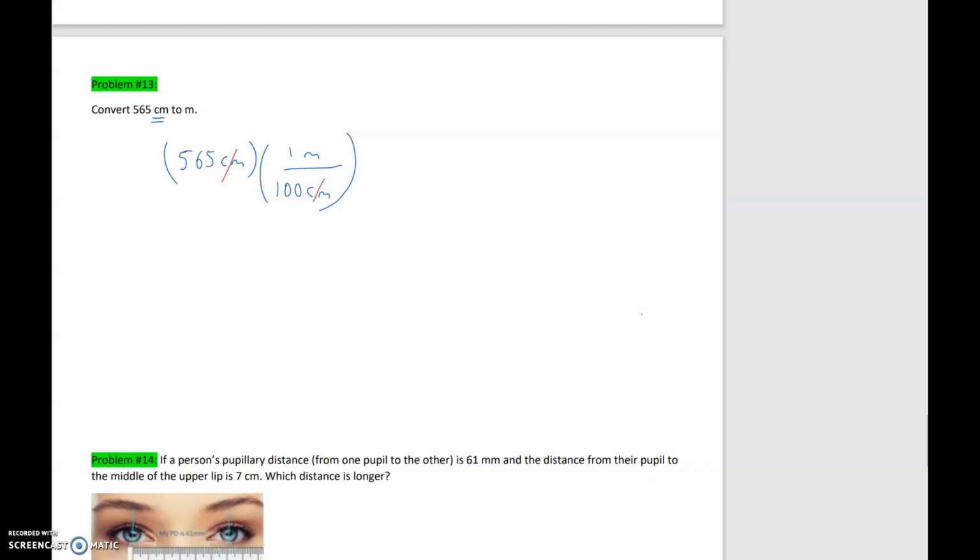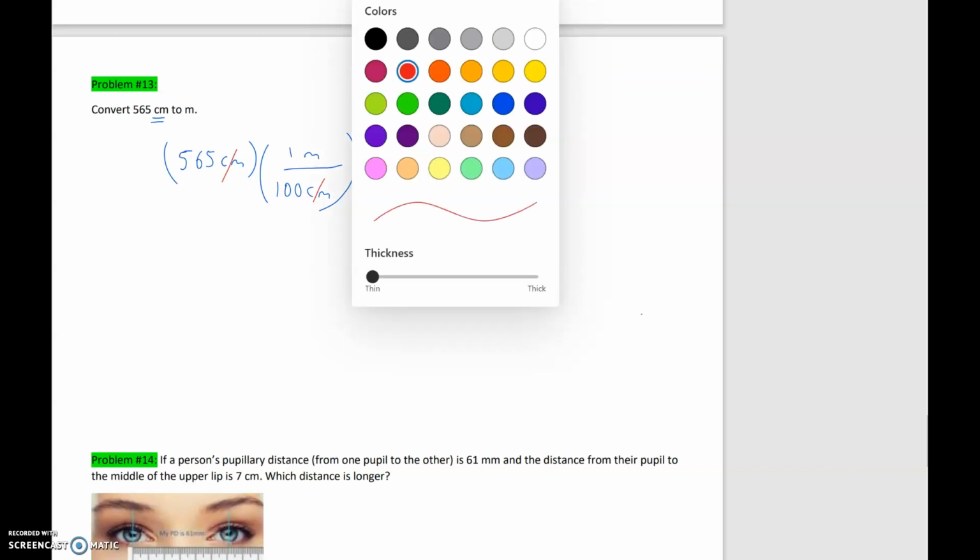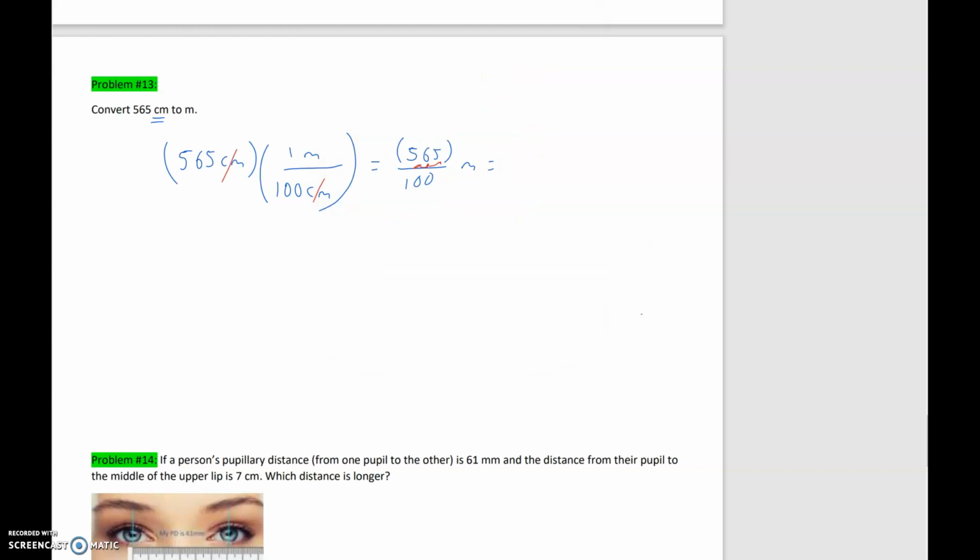In this case, centimeters cancel, and we're left with 565 divided by 100. And this will be meters. What this is going to do is just move the decimal place a total of 2 positions. So without going into the calculator, we're going to end up with 5.65 meters.